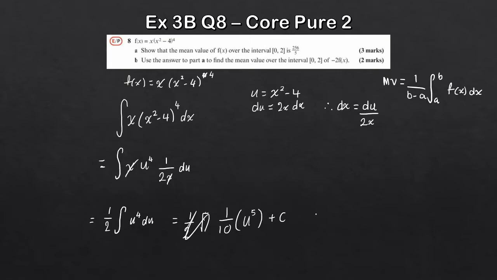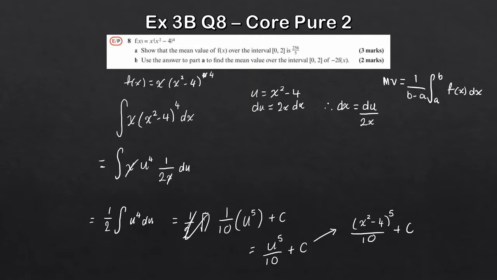Okay, our constant of integration. So that's going to give us u to the 5 over 10 plus c. And now using the fact that u is equal to x squared minus 4, we can write this as (x squared minus 4) to the power of 5 divided by 10 plus our constant of integration there, plus c.